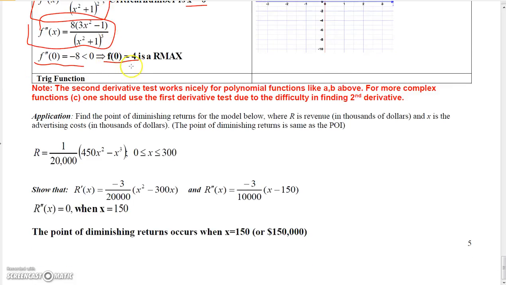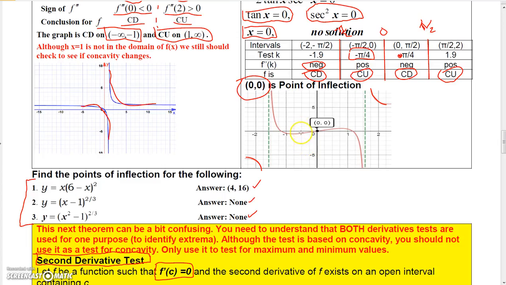Okay. One more application here. The point of diminishing returns is a point where a function might be increasing, but then the rate of increase begins to slow down. That's generally called a point of diminishing returns.